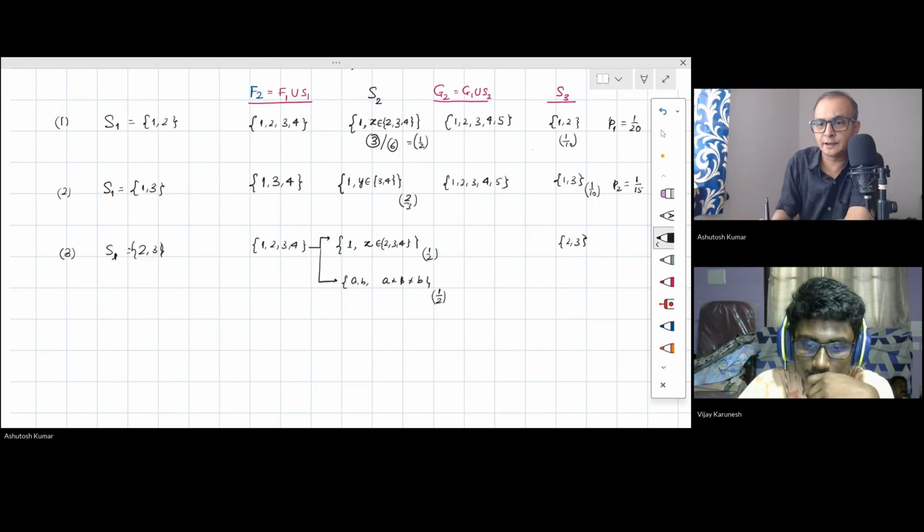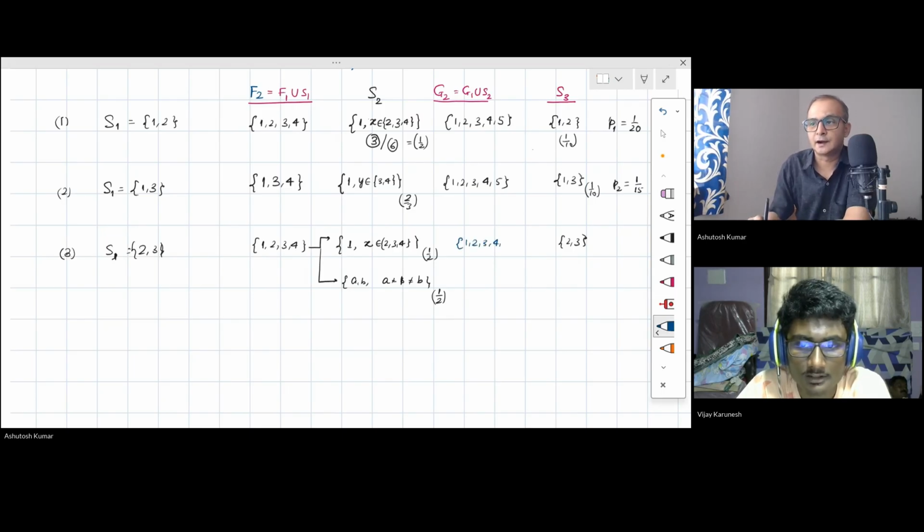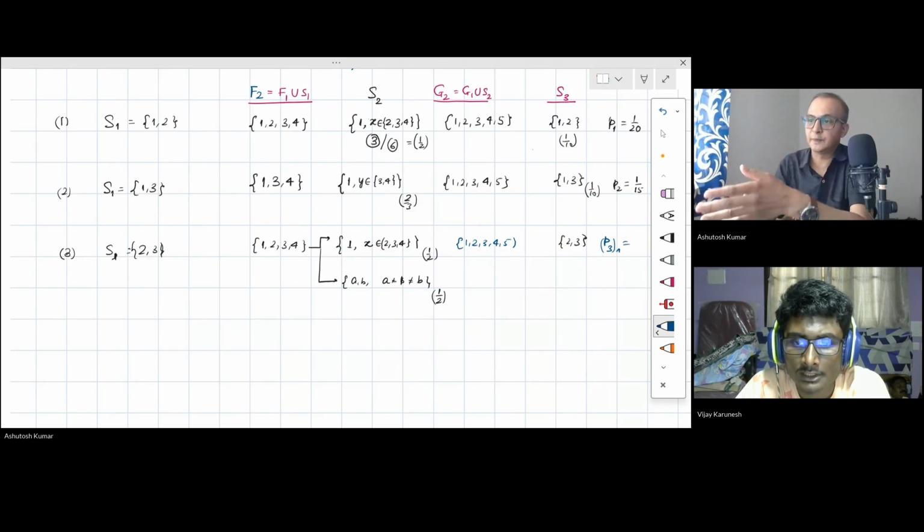Now in the first case, we'll get S2 to be 1 to 5 again, sir. Again 1, 2, 3, 4, 5, correct? And in this case, let's call it P31, correct? So what is P31? 1 by 20, sir. And here what do we get? S2 will be 2 to 5, sir.